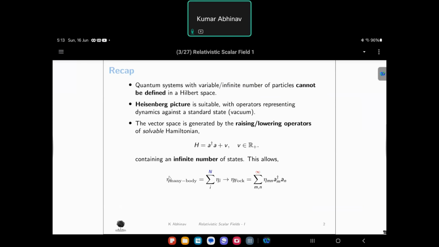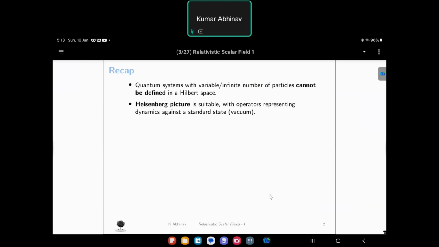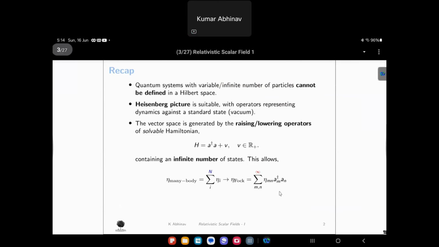On the left hand side, the many body operators are only the operators, but on the right hand side, you can see that we have these creation and annihilation operators and the coefficients eta mn also. So it's a more general prescription than what we have discussed in the previous lectures.